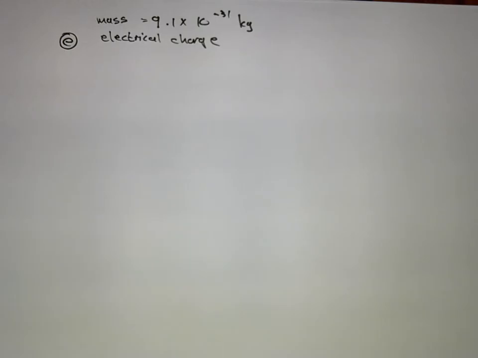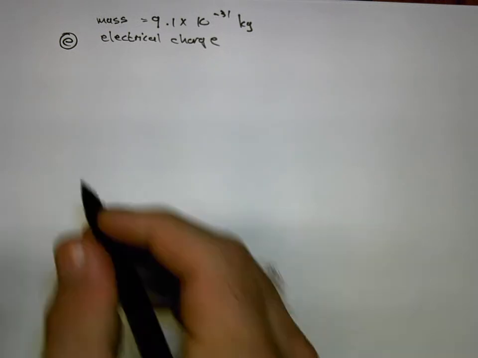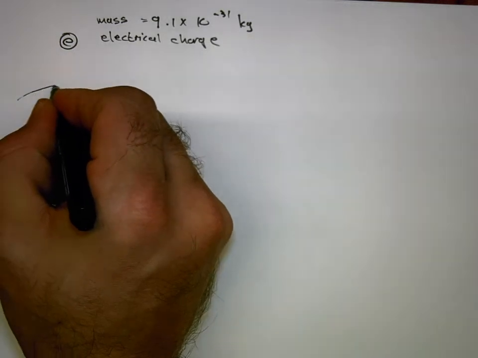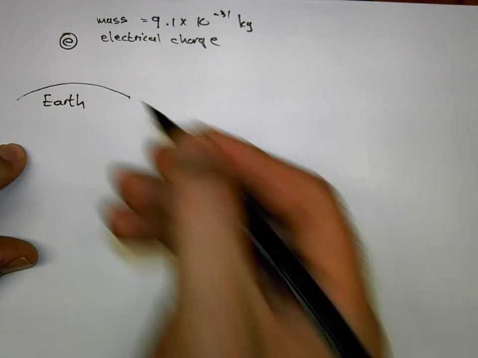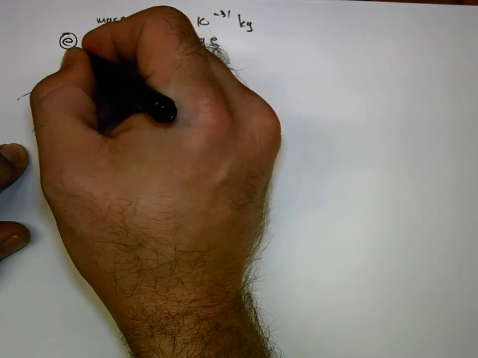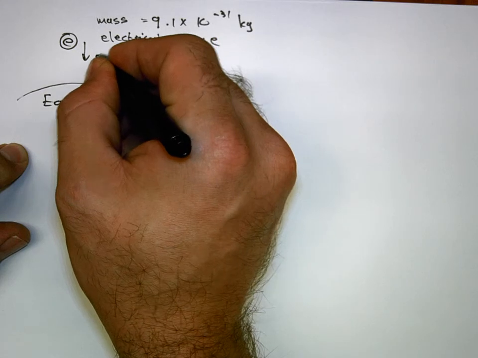Now, because an electron has got mass, it is susceptible to gravity, so it will feel a gravitational pull. So let's say I've got a single electron above the Earth. We know this electron will be pulled down by gravity.